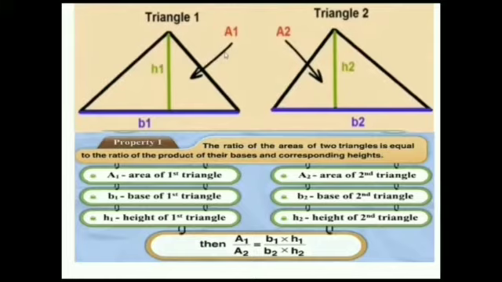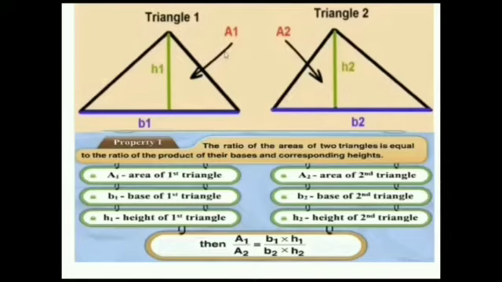So we get a property which states that the ratio of the areas of two triangles is equal to the ratio of the product of their bases and corresponding heights.